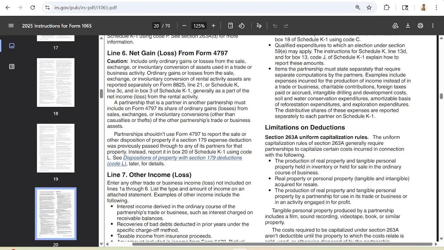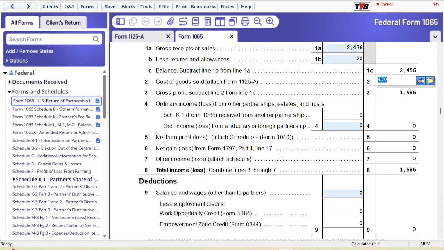So if you have assets in your business that you are depreciating, or you claim 179 or you are depreciating and you sell it, the proceeds from there, that's what they are talking about. So you can read more about it to see if it pertains to your business. Otherwise, you can just leave that line alone.